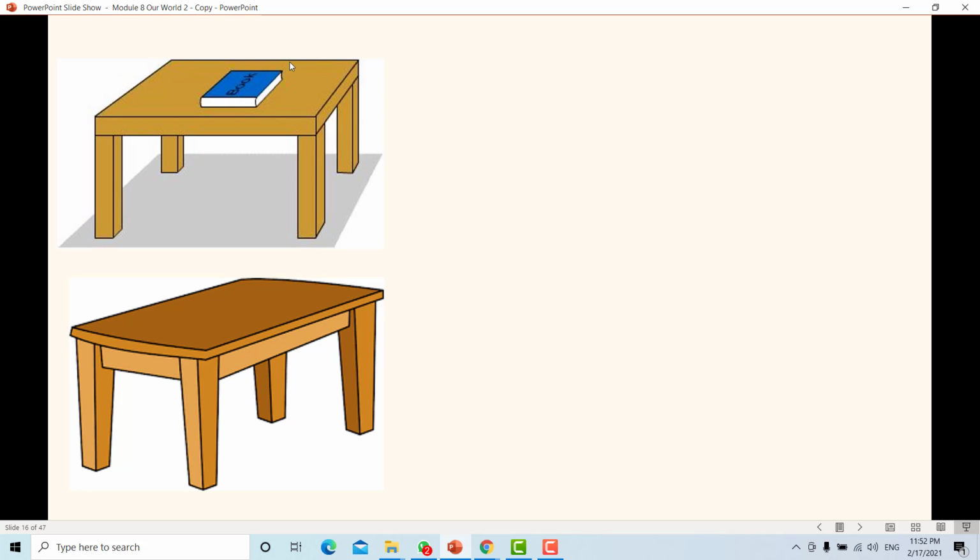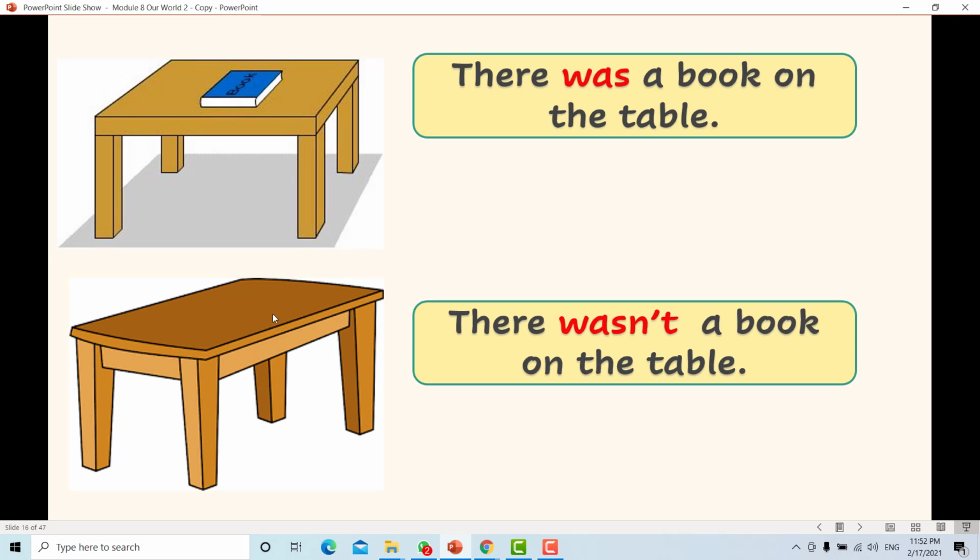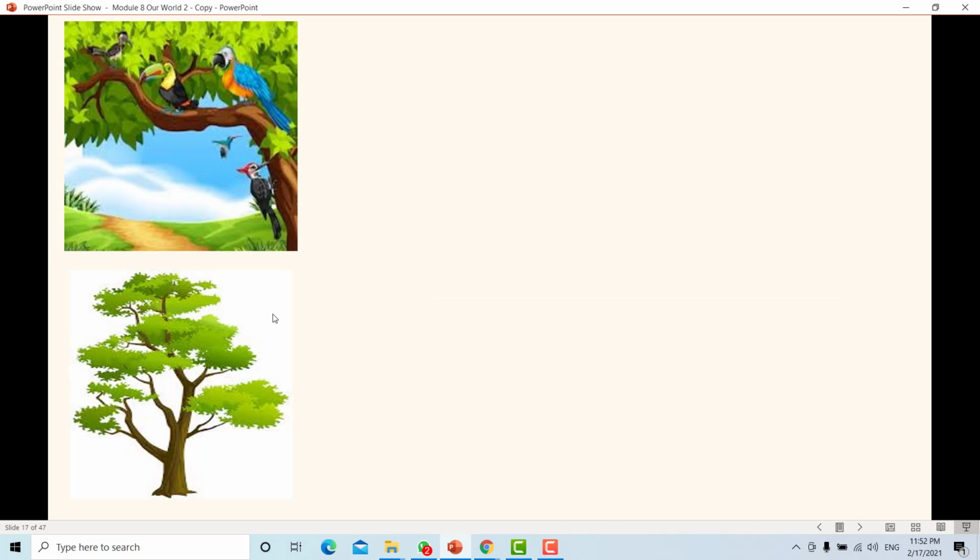Look at this picture. What can you see? Perfect. There was a book on the table. Now look here. There wasn't a book on the table. Now can you form some sentences? Look at this picture. What can you see?